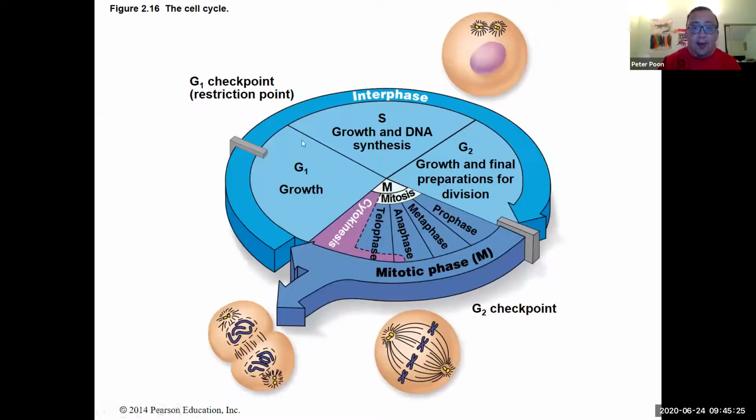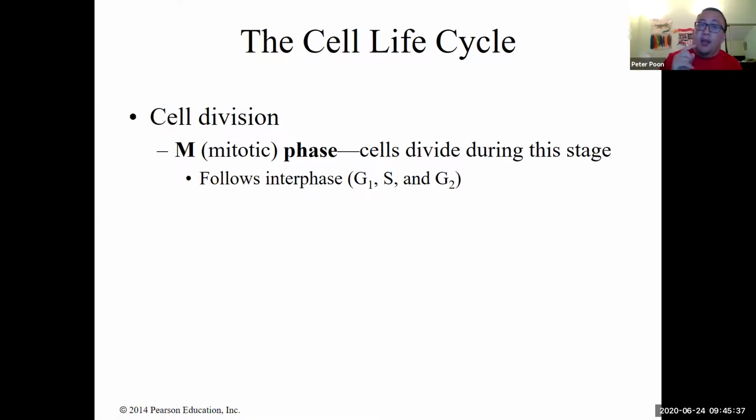So hopefully I explained all these 4 phases. Now let's look in more detail at mitosis and cytokinesis. First thing I want to point out, the M phase is the mitotic phase, not mitosis. A lot of people confuse mitotic phase with mitosis.